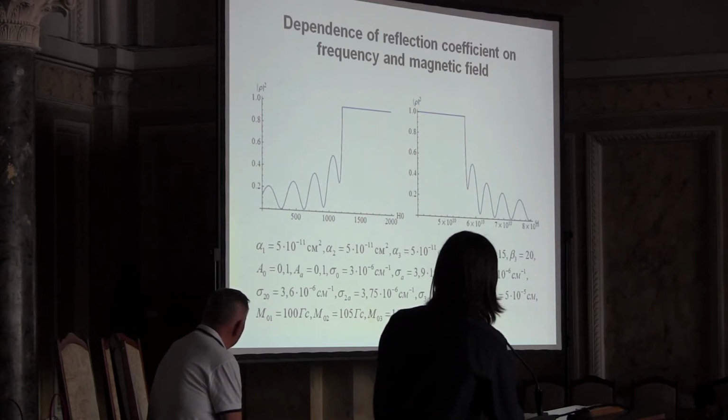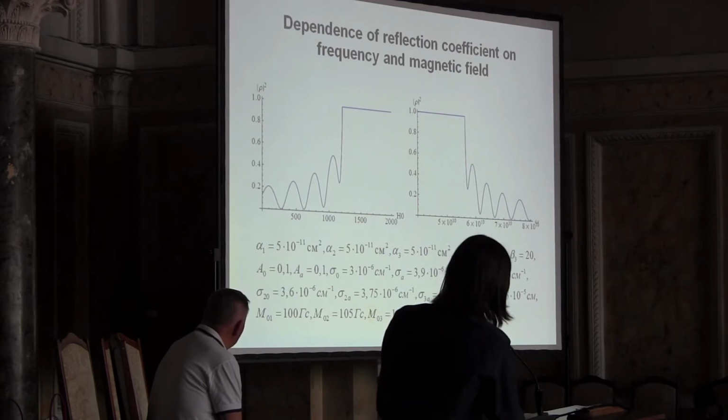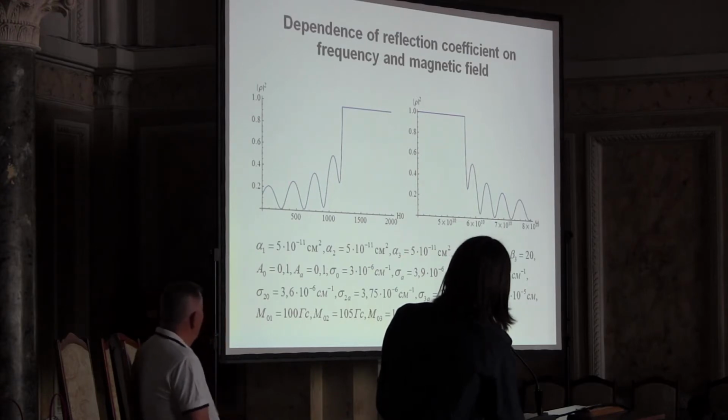The first wave goes through the second interface, and the second wave reflects from the second, goes to the first, then goes back to the second, and interferes here, and we can get such peaks.